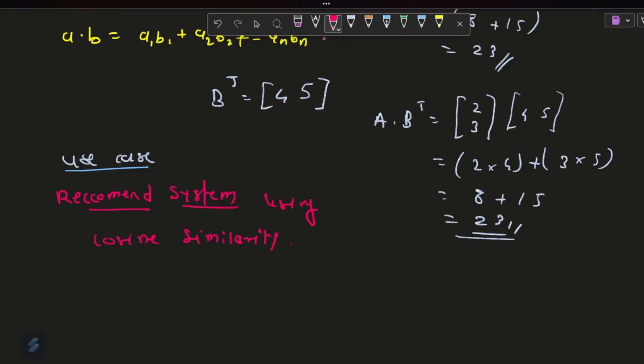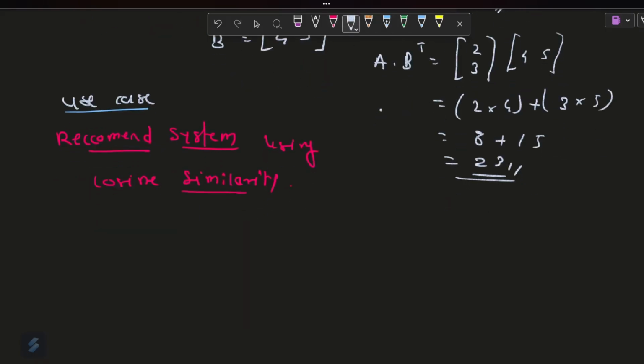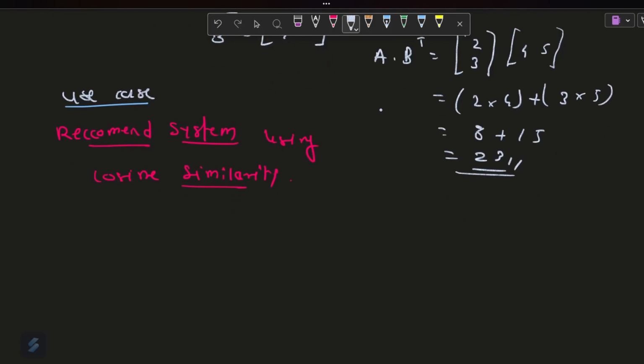The question is, what is cosine similarity? Let's understand what cosine similarity is in a particular data science project.